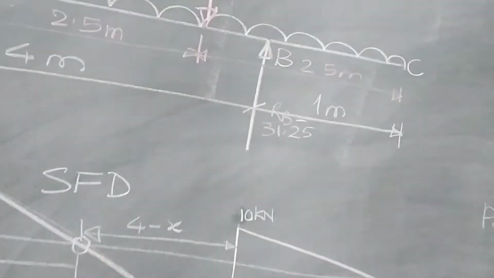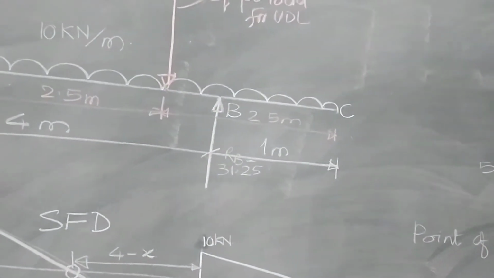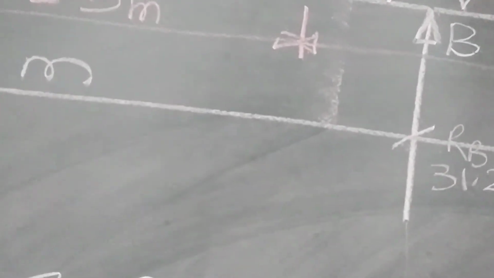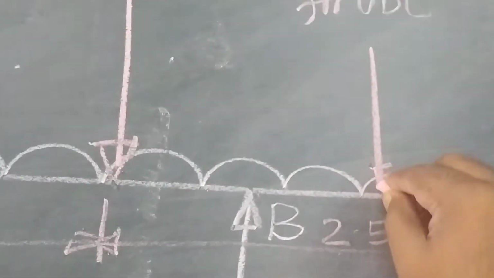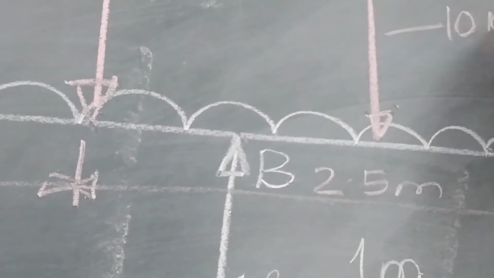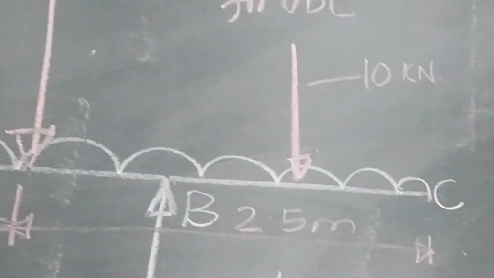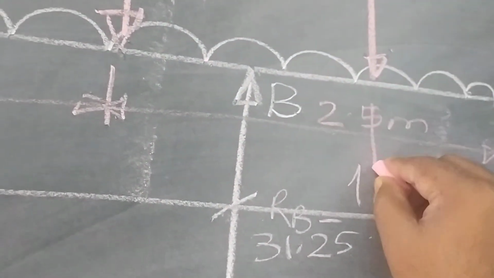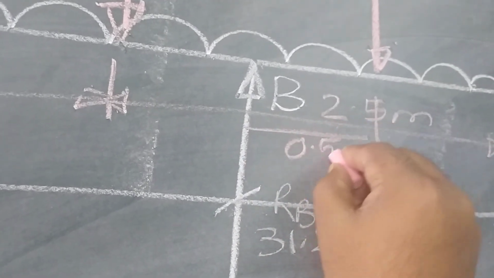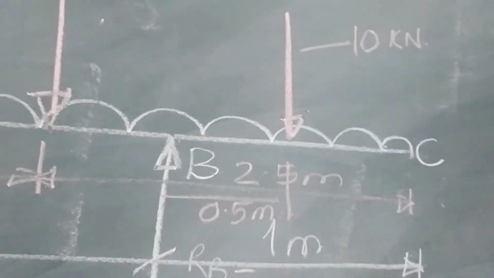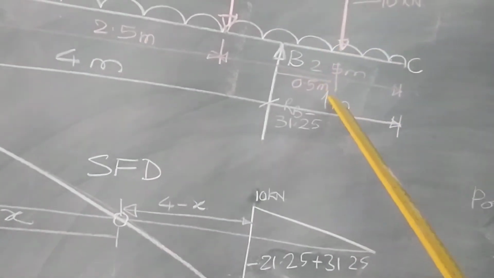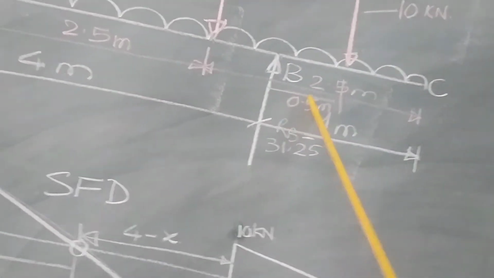Here is only one type of load, a cantilever beam with UDL, and this is the equivalent point load for this UDL, which is nothing but 10 kilonewton situated at 0.5 from B. So, 10 into 0.5.